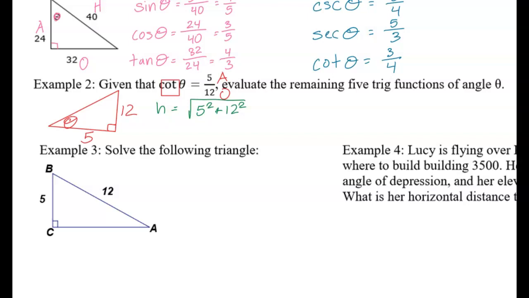You don't have to memorize it because you can always use the Pythagorean theorem, which is a squared plus b squared equals c squared. I'm just kind of shorthanding this. You don't need to write the squared. Our a is 5, our b is 12. And then what do I do to get c by itself?